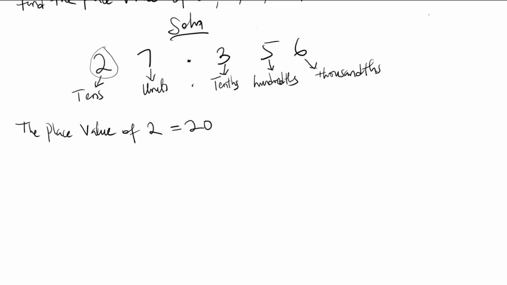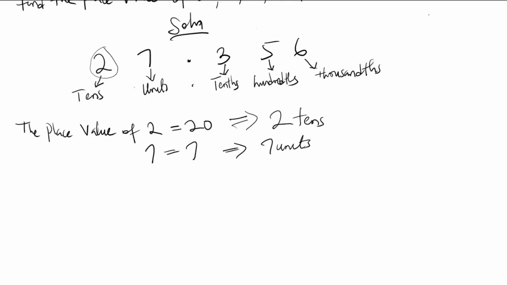Forget about whatever is after the decimal point. What is after the decimal point doesn't count for figures at the left hand side of the decimal point. Place value of 7 is 7, which is 7 units.